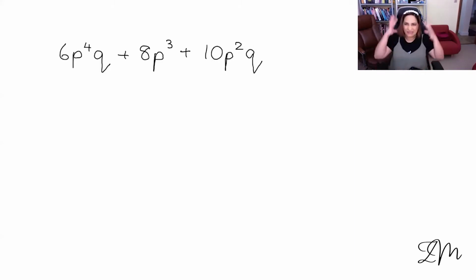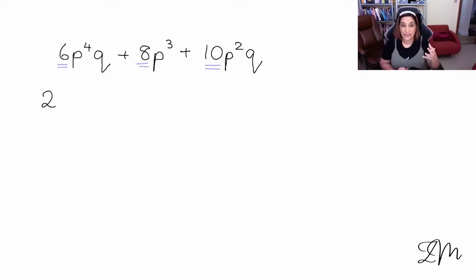We look at that and go, oh, there's lots of things there. Let's break it down. Let's look at the numbers first. We've got 6, 8, and 10. What goes into all of those? The only thing that goes into all of those is 2.